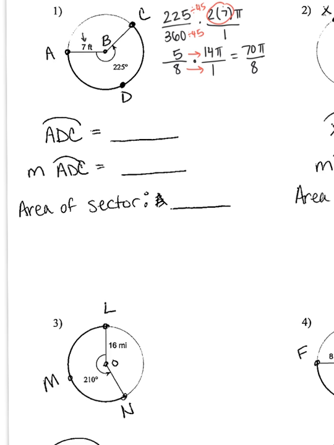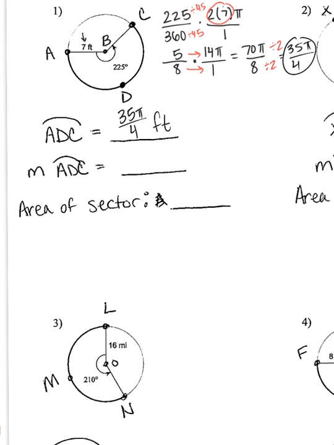Let's start with that. 70 divided by 2 would give me 35 pi. And 8 divided by 2 would give me 4. Since 35 and 4 don't have the same type of factors, I think that's my final answer. I have 35 pi over 4. We're measuring a length, so we'll just say feet for this problem.